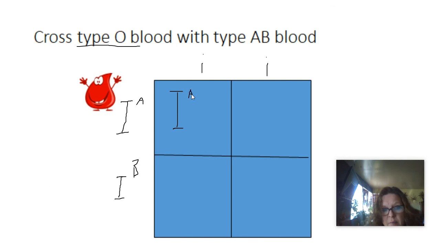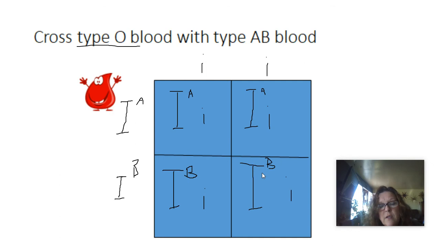So type A blood, heterozygous, and the same is going to happen here. Type A blood, heterozygous, and here you're getting a B with the recessive, and here you're getting a B with the recessive. So again, we have a 1-to-1 ratio. Their offspring could either have type A blood or type B blood. So if they did have a child with type O blood, it isn't theirs.